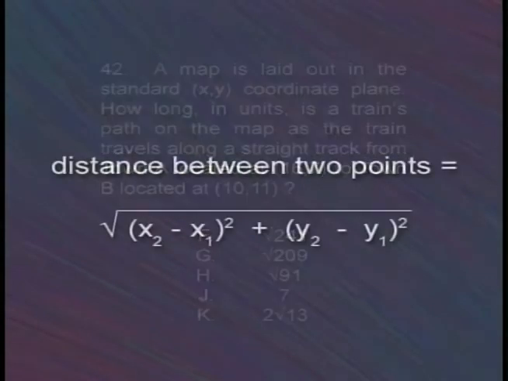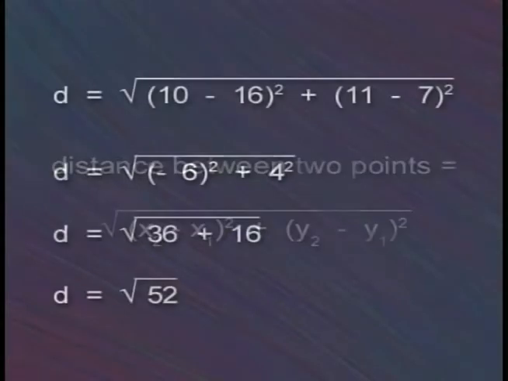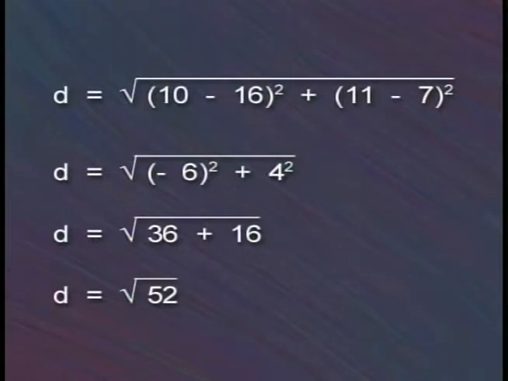The solution to this problem requires knowledge of the formula for the distance between 2 points. The distance between 2 points is calculated by squaring the difference between x coordinates, squaring the difference between the y coordinates, and then taking the square root of the sum of these two squares. In this problem, the square difference between the x coordinates is 10 minus 16 squared, or 36.